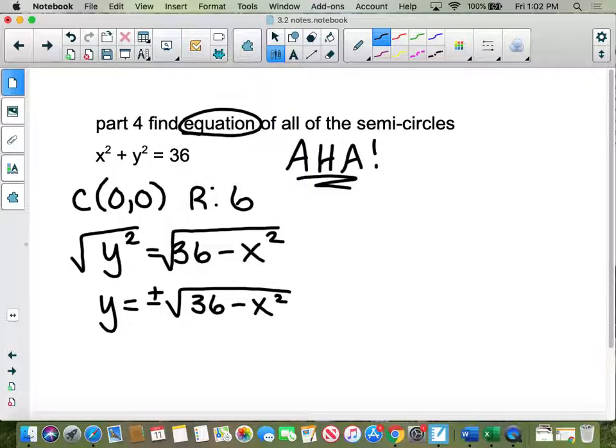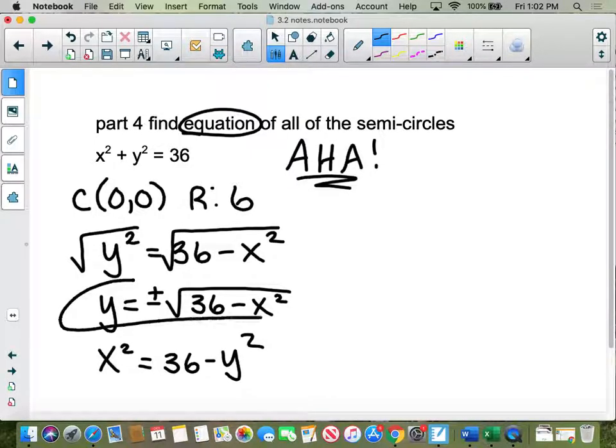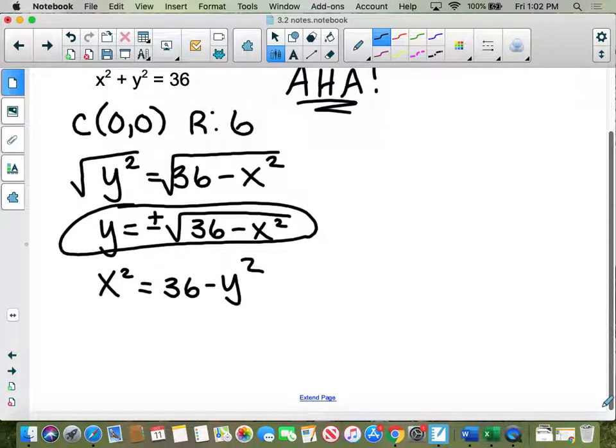Let's go the opposite way. Get x squared alone. Subtract y squared from both sides. This is the answer so far, because they want you to find all the equations of the semicircles. X squared equals 36 minus y squared. To get x alone, what do you have to do to both sides?